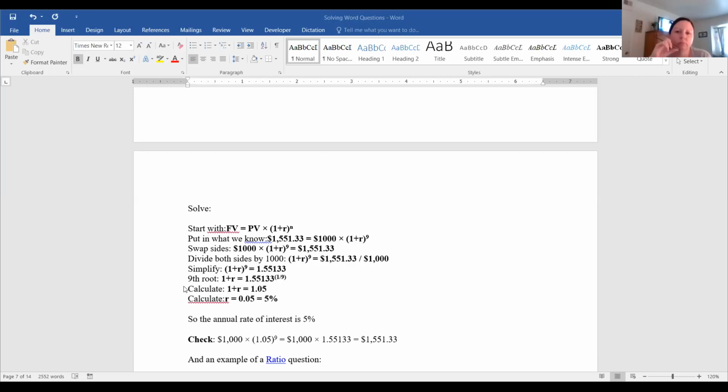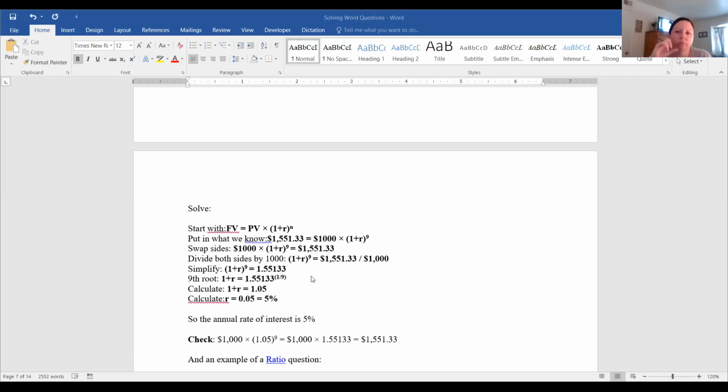Okay. So we take the 9th root of 1 plus R to the 9th, and of 1.55. That's going to be 1 plus R. The way we do the 9th root of 1.5513 on our calculator is to use the x to the y function, except y is 1 divided by 9.